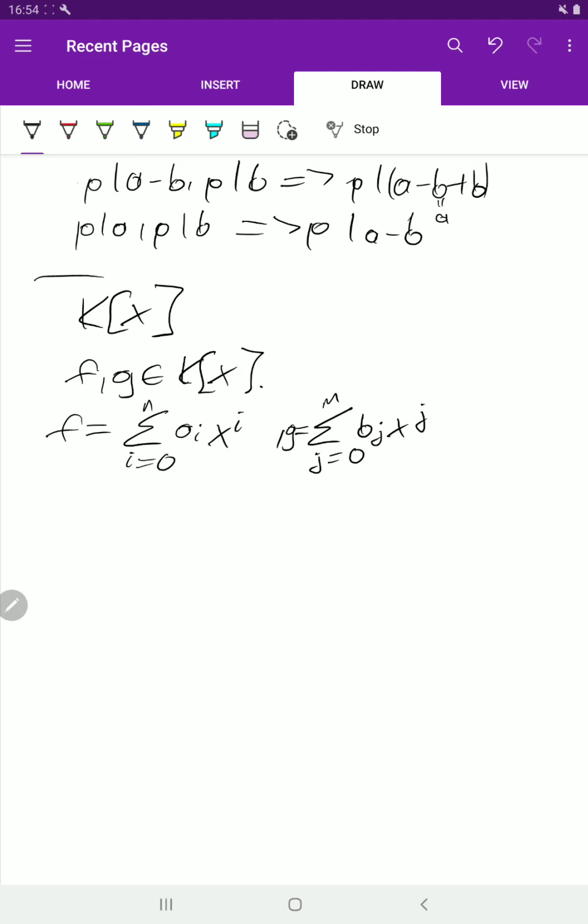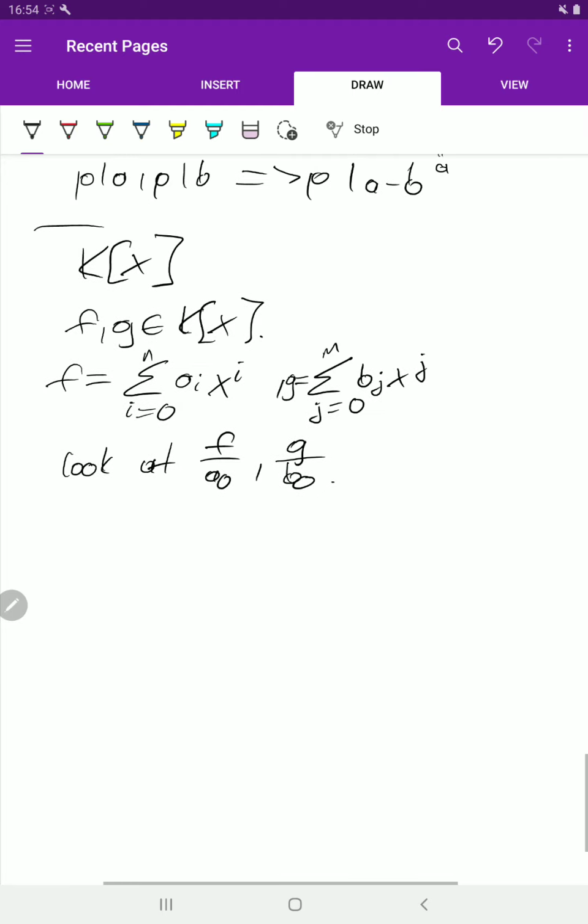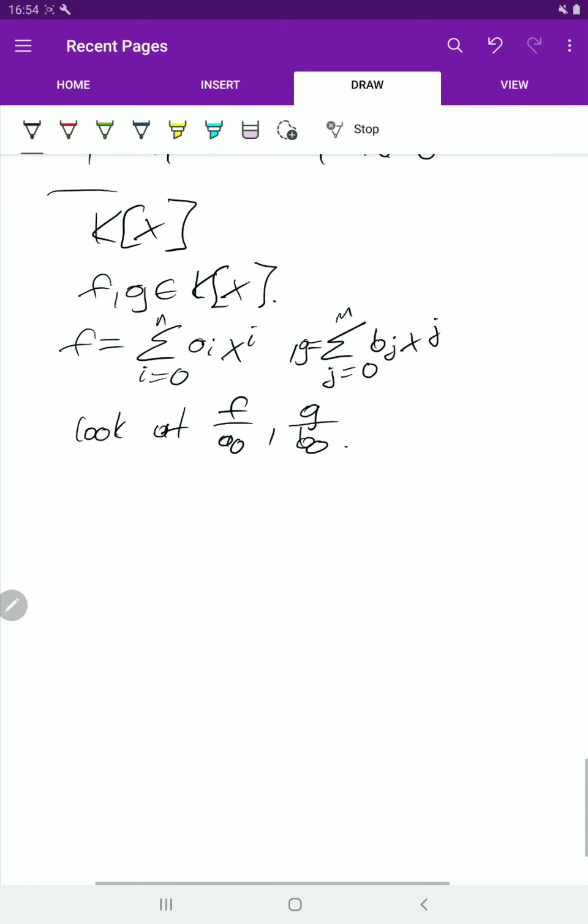And now what we do is, multiplying by an element of the field k doesn't change the greatest common divisor. So we look at f divided by a_0 and g divided by b_0. So that certainly doesn't change the greatest common divisor.